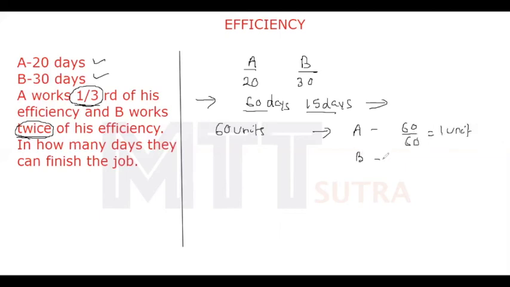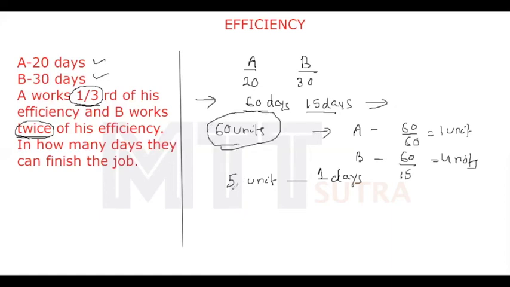The amount of work done by B in one day is 60 by 15, 4 units. Total work is 5 units done by both in one day. And total amount of work, I have assumed it as 60 units. So 60 units will be done in how many days? 60 by 5, that is 12 days.